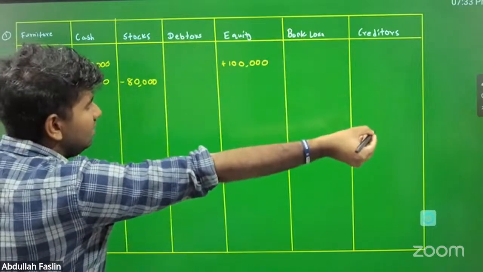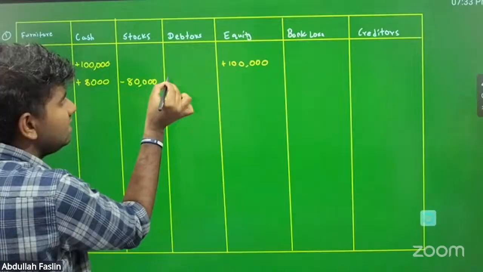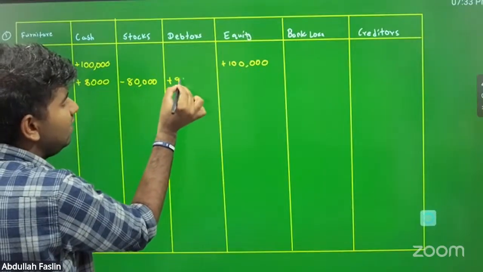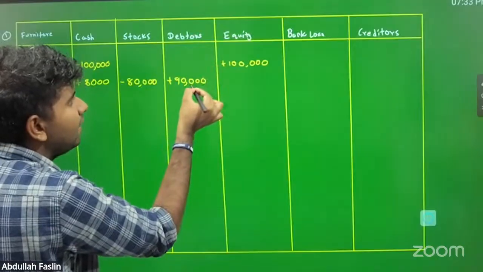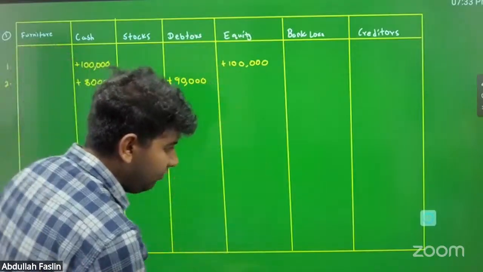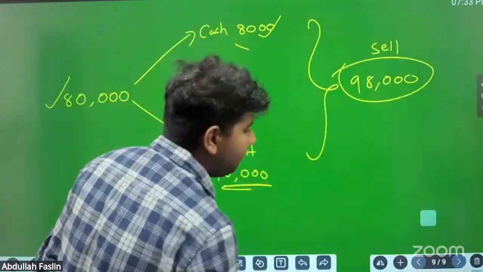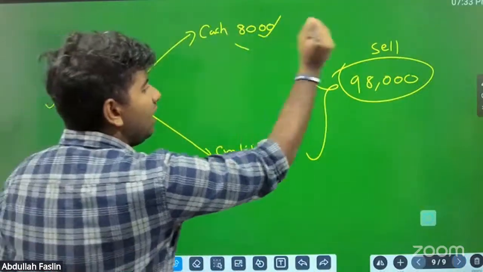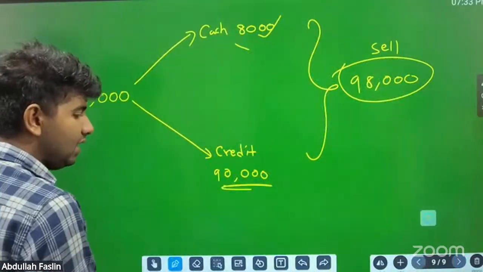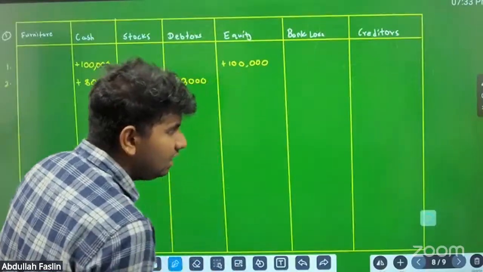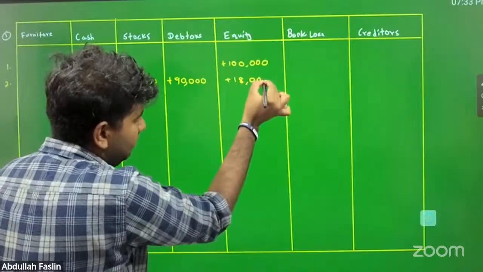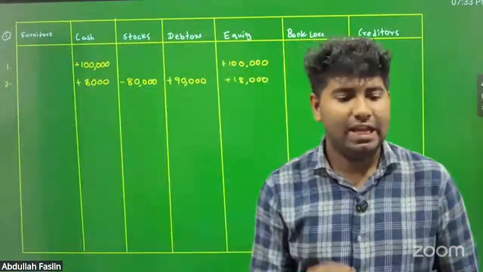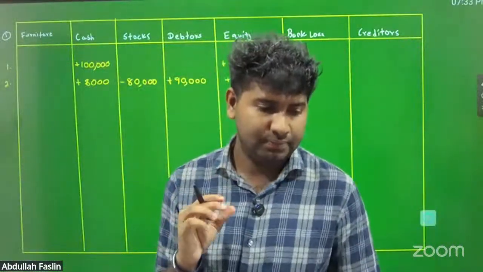If we sell something on credit, then that person is a debtor. For how much do we sell on credit? For 90,000. What is our profit then? 80,000 worth of item I am selling for 98,000. What is my profit? 18,000 is my profit. Therefore, equity plus 18,000.